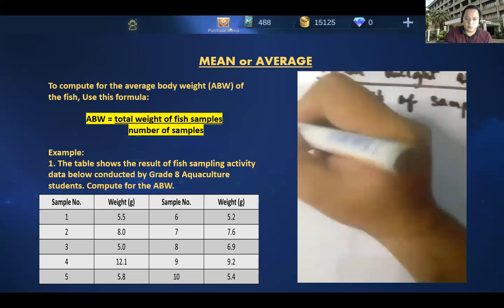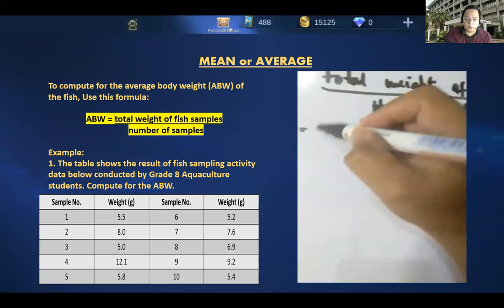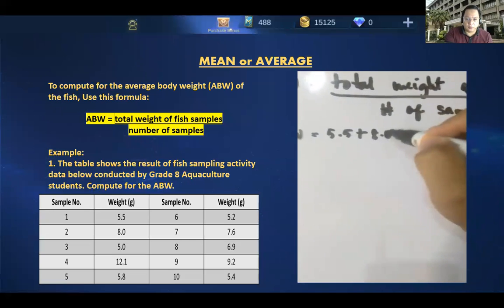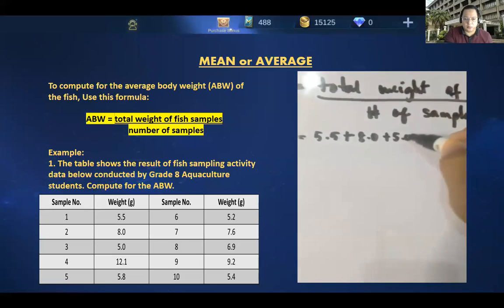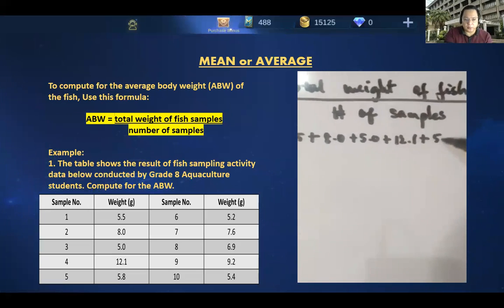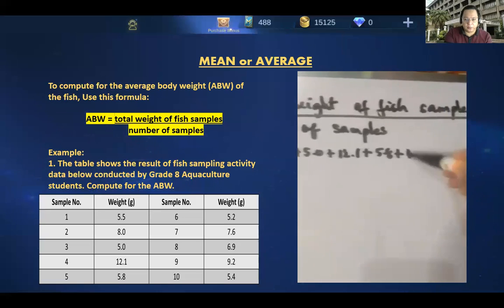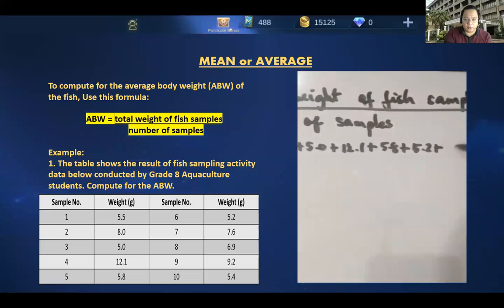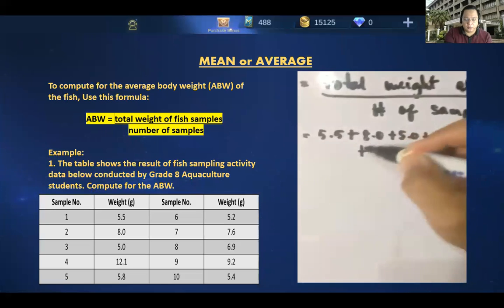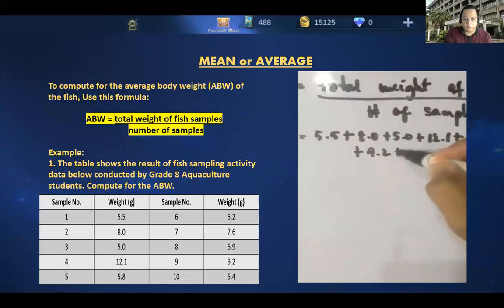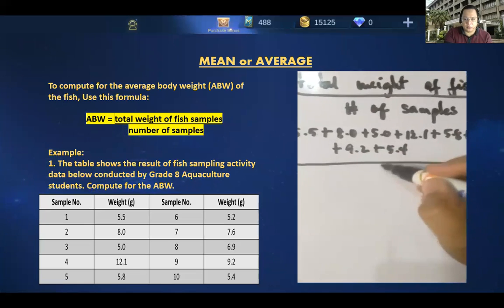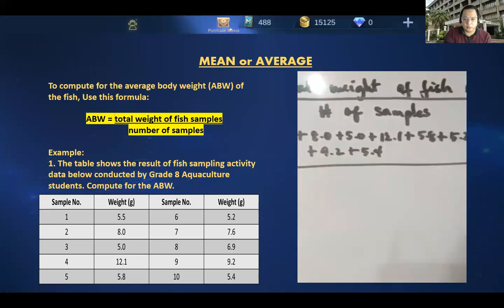So ABW is equal to 5.5 plus 8 plus 5 plus 12.1 plus 5.8 plus 5.2 plus 7.6 plus 6.9 plus 9.2 plus 5.4, divided by our number of samples, which is 1, 2, 3, 4, 5, 6, 7, 8, 9, 10.